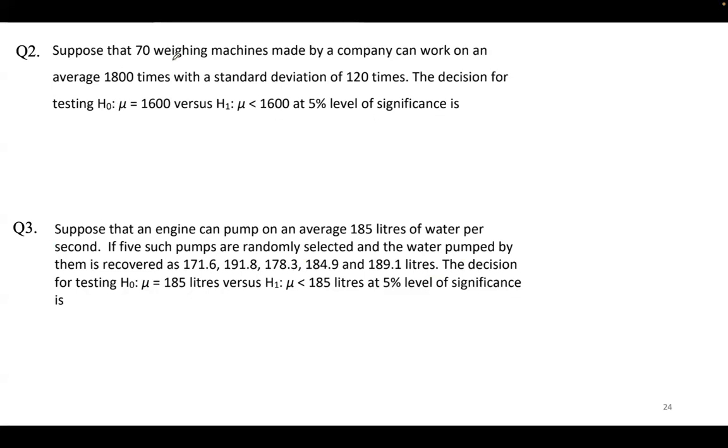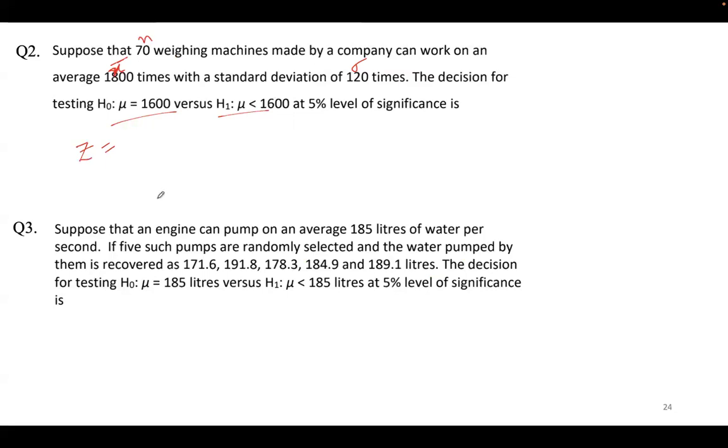So we have 70 weighing machines. This one looks like this is a value n, right? This is some sort of an average, so that's going to be x bar. This is the standard deviation. You have null hypothesis and alternate hypothesis. So it's the first case, so you'll calculate a Z statistic.